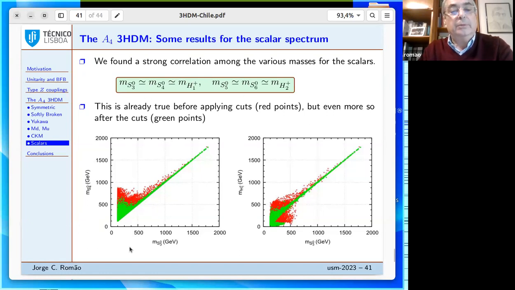For instance, here I'm showing the 3 and 4, and this happens even before applying cuts, meaning all the constraints. The theory is already making these correlations, and once you apply all the constraints, the correlations become much stronger. This is for the 3 and the scale. You could do similar plots for the others.